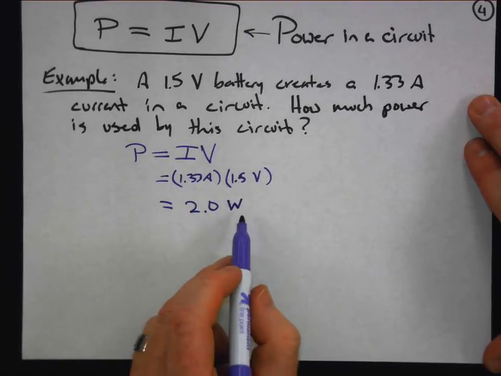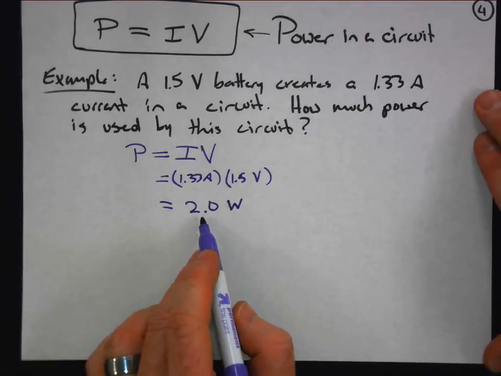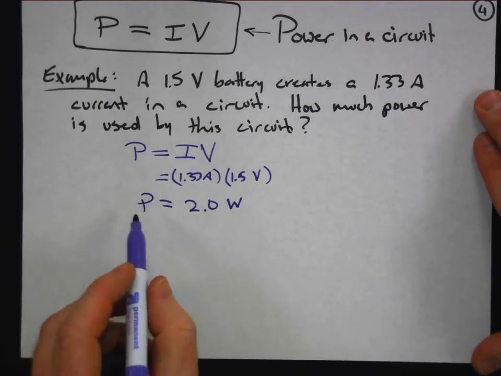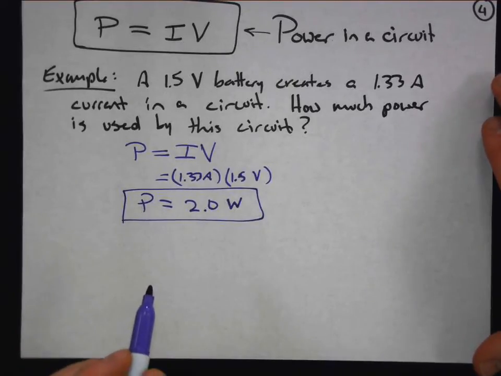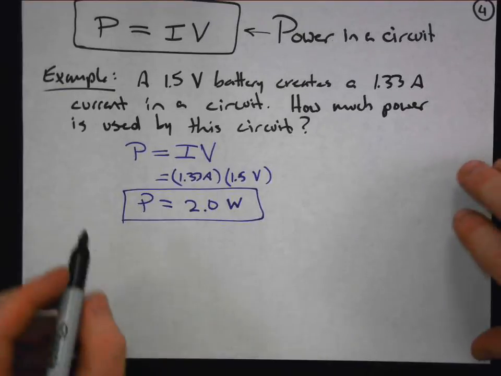See, the capital W is coming after a number. So if it comes after a number, then I know that is a unit. There's my answer to the question. 2 watts of power. Okay, now what if, or how would the power be different if the battery supplied 6 volts instead?